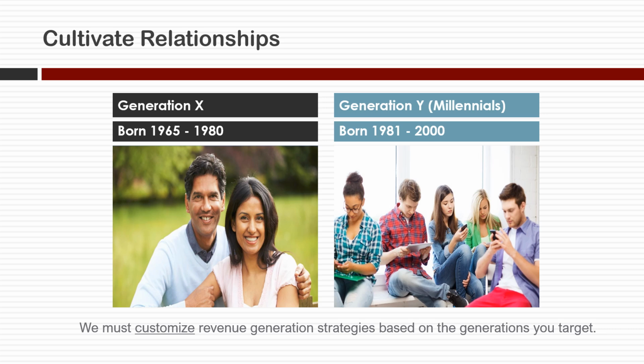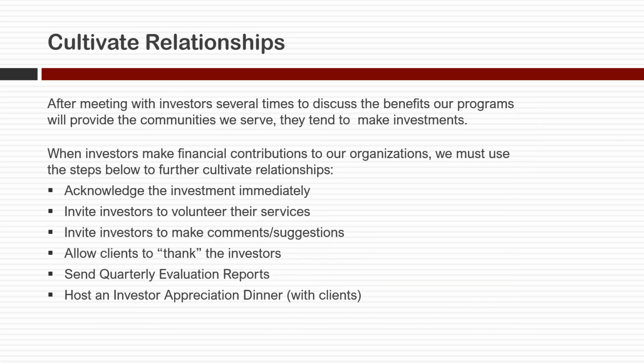But my point is, you want to cultivate relationships appropriately based on a person's age. The way you approach them depends upon their age, and you have to create customized strategies to be successful in that endeavor.